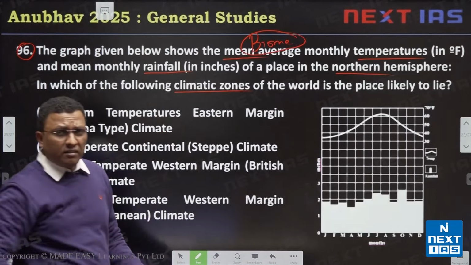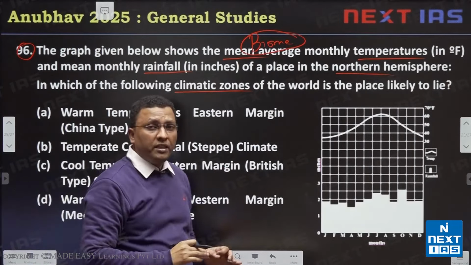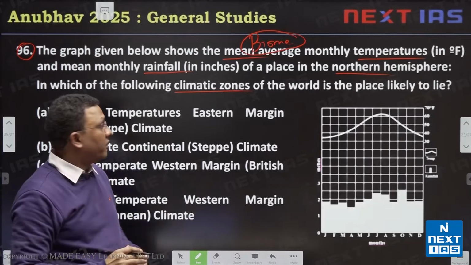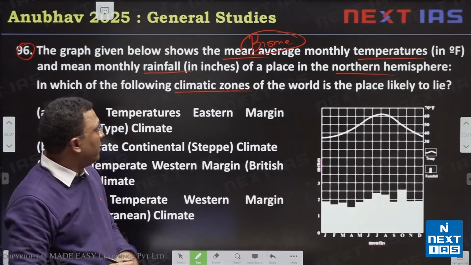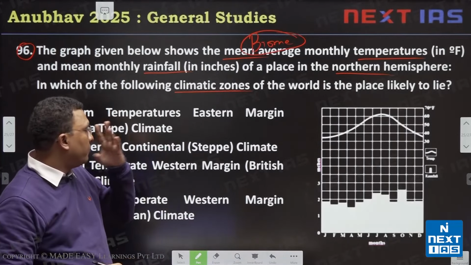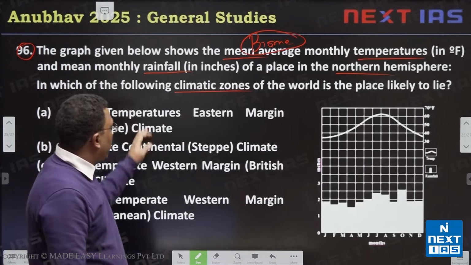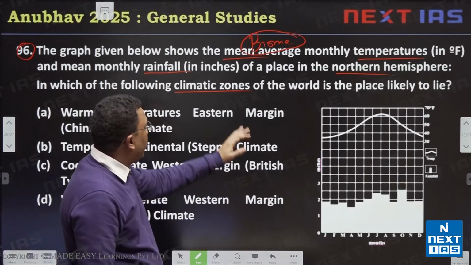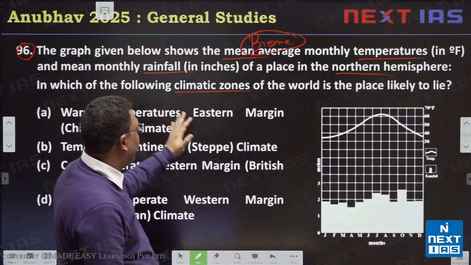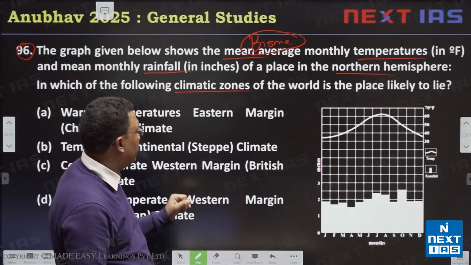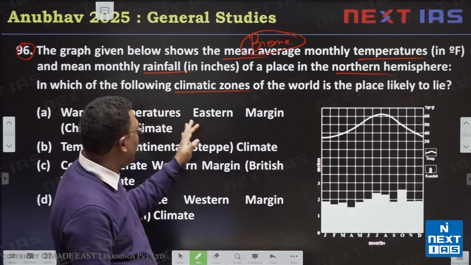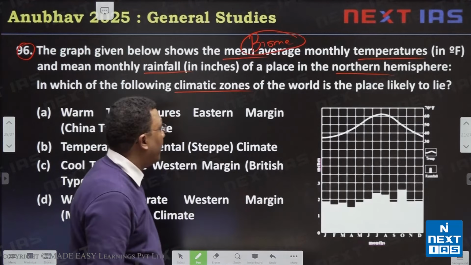Almost one question is asked from this topic almost every year. So this is an important topic from exam point of view, and that's why this question has been put in your test. So a graph is given that shows temperatures and rainfall of a place in the northern hemisphere, and we have to identify in which climatic zone that place will lie, right?